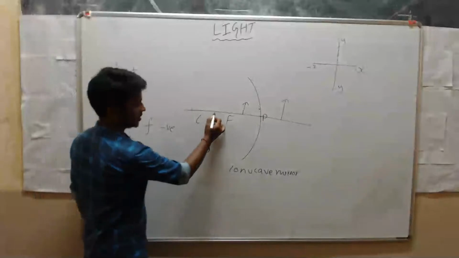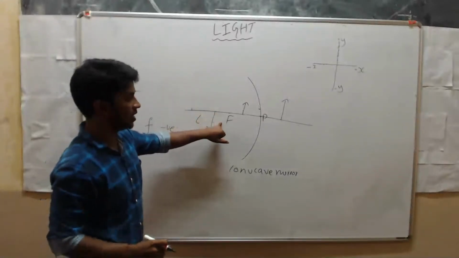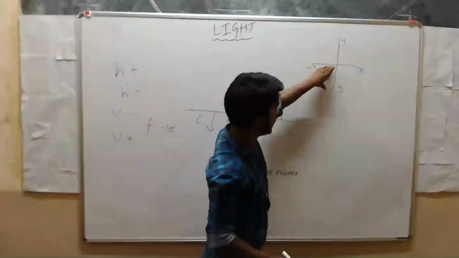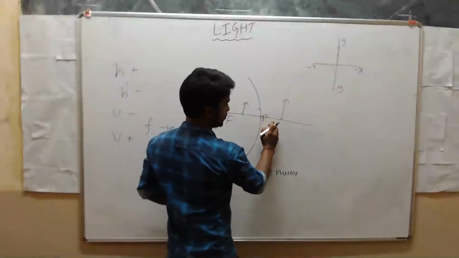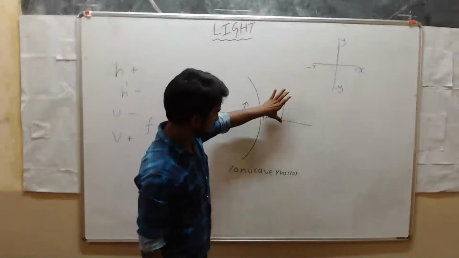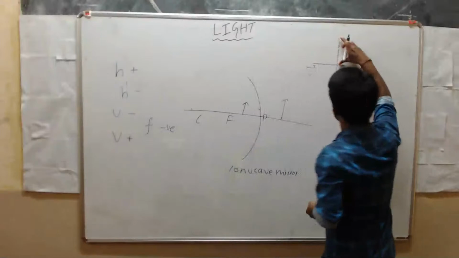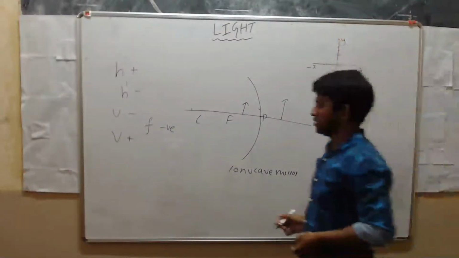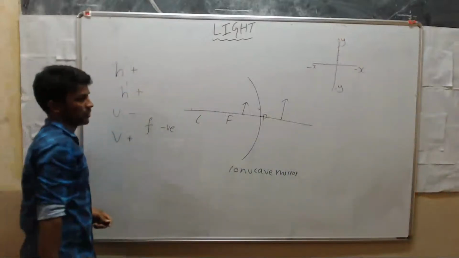Earlier, when you got the image between C and F, you compared this height with respect to the minus y axis. Now the image position is on the right side of the mirror, so we should compare this height with respect to the positive y axis. So in this case we write the h dash value as positive.